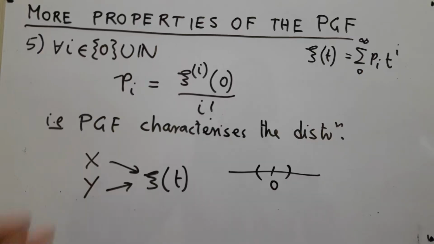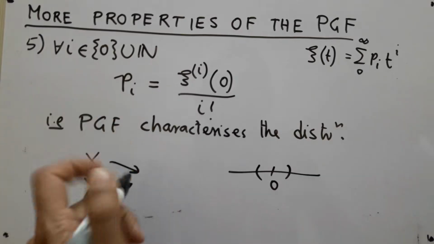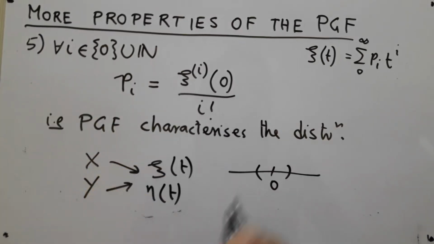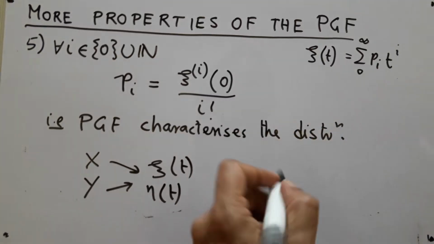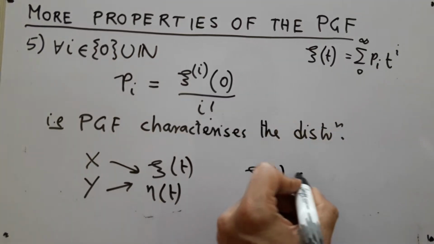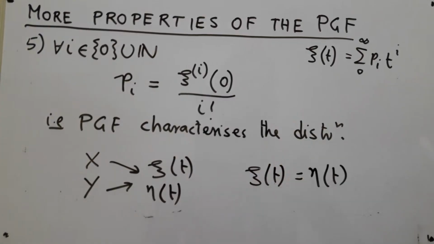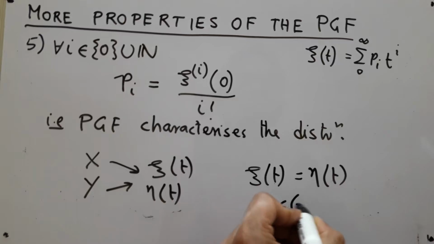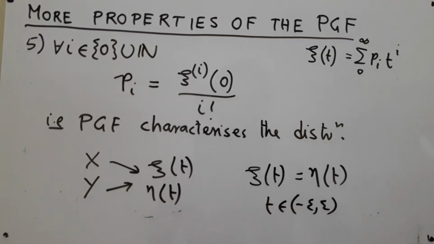So even if I say x and y have got, say, PGFs, one of them has PGF xi t, the other has PGF eta t, but I have this result that xi t equals eta t. I do not say for all values, but at least for all t in some minus epsilon to plus epsilon.